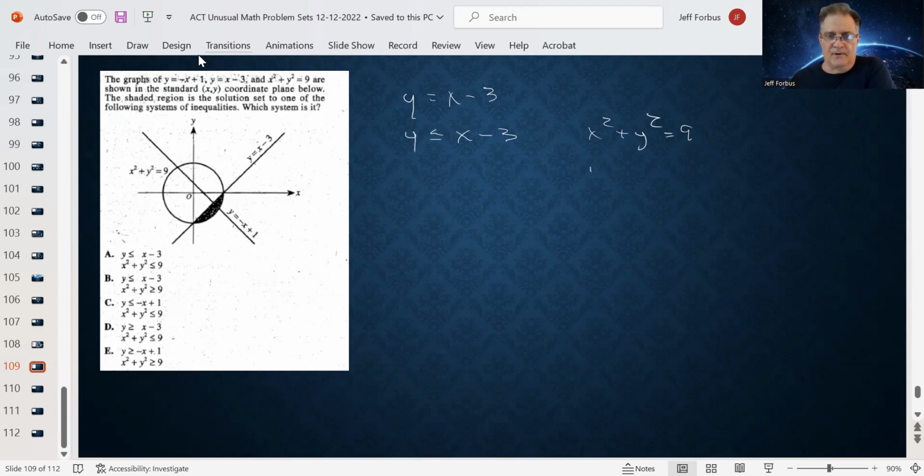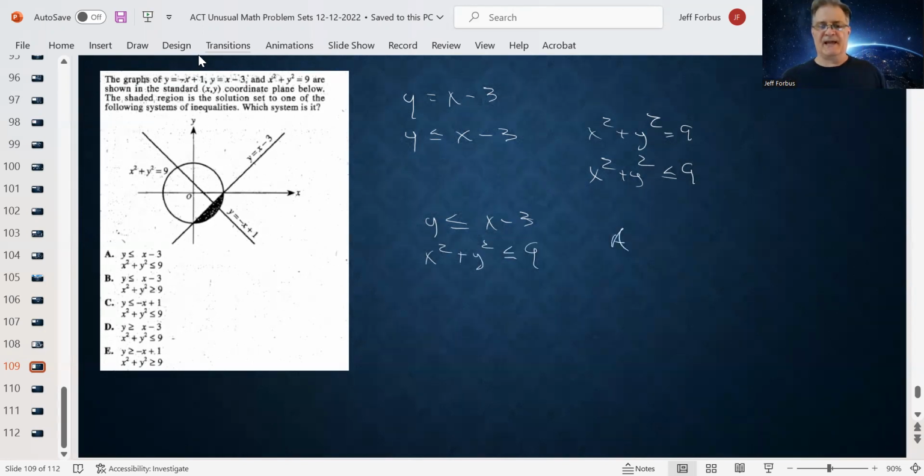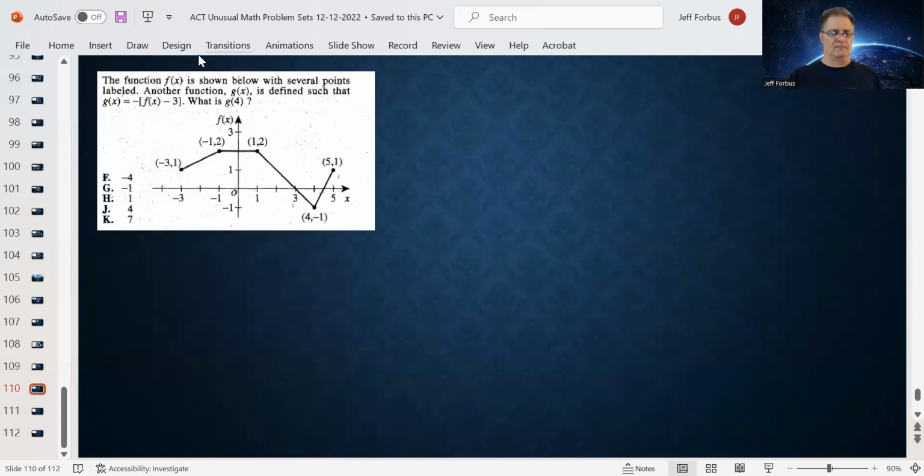So therefore, you're going to have x squared plus y squared is less than or equal to 9. Now we have both of our equations: y less than or equal to x minus 3, and x squared plus y squared is less than or equal to 9. And that's going to be your answer choice A. Next question.